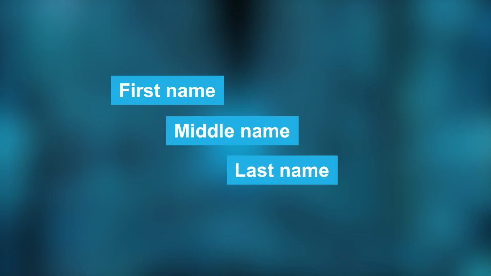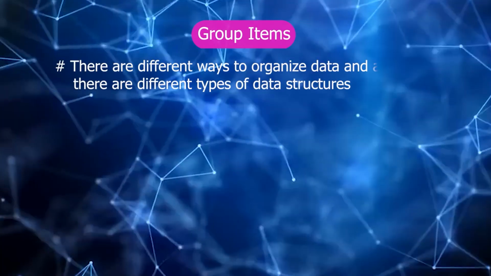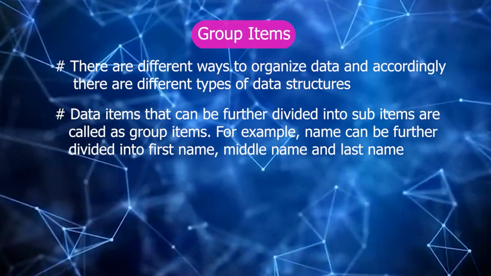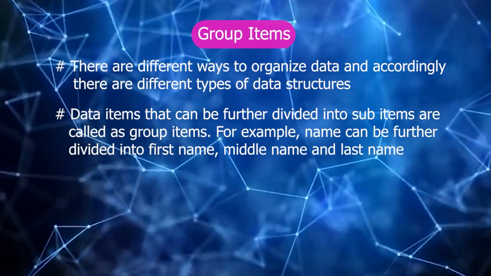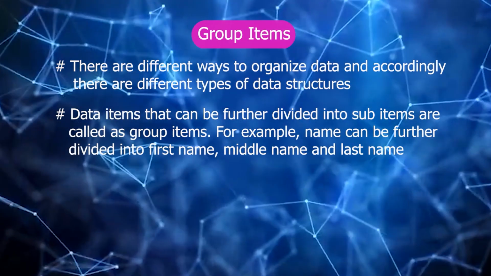For example, your name can be further divided into first name, middle name and last name. Such an entity of data is called a group item. The data that can be further divided is the group item, and the data which cannot be further divided is called an elementary item.